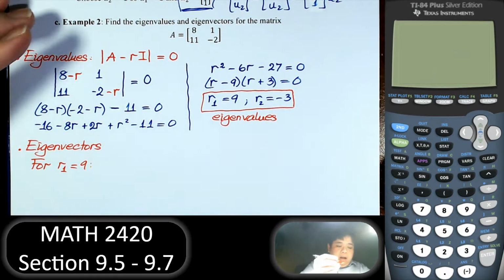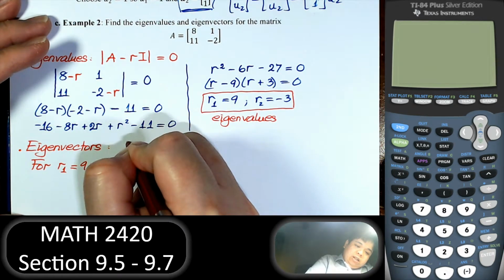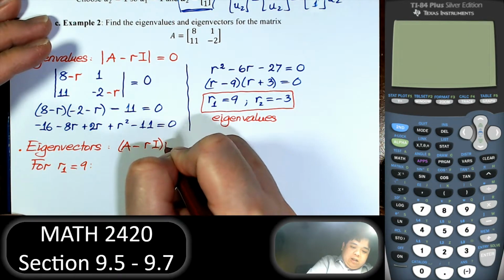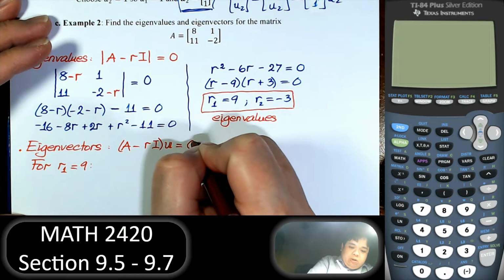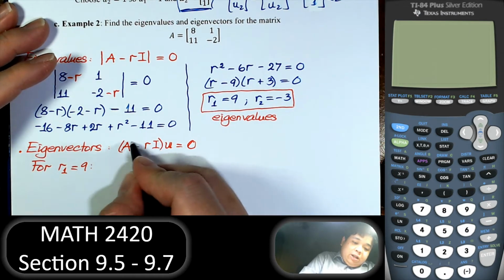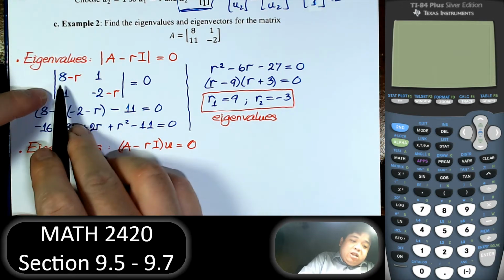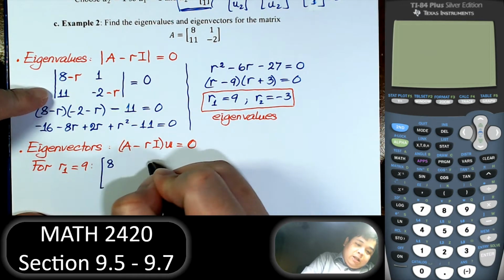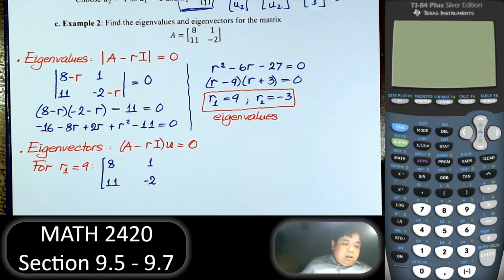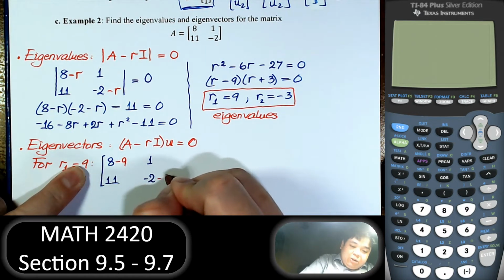For eigenvectors, what we solve for is u in this equation: A minus r times I times vector u equal to the 0 vector. So this is the matrix equation. This is the matrix A, 8, 1, 11, minus 2. What I do is subtract the eigenvalue on the diagonal.